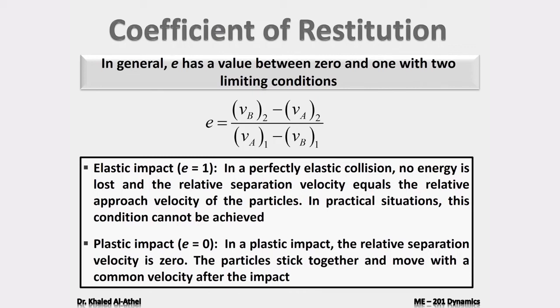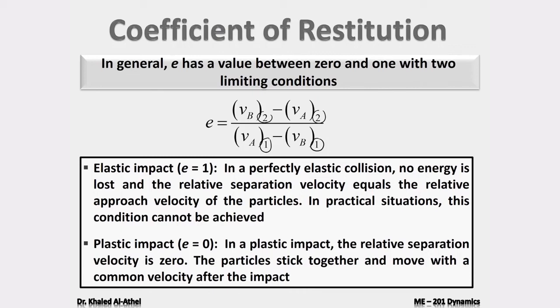The point is, you have final velocities in the numerator and initial velocities in the denominator. If you're starting with particle B minus A in the numerator, then it has to be A minus B in the denominator.